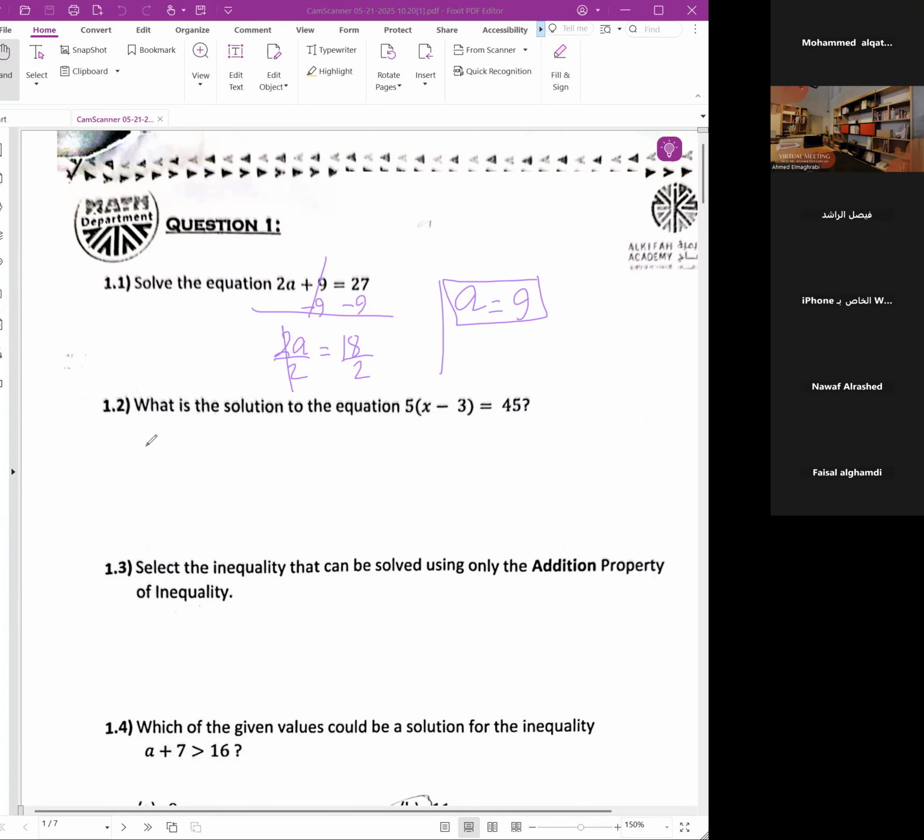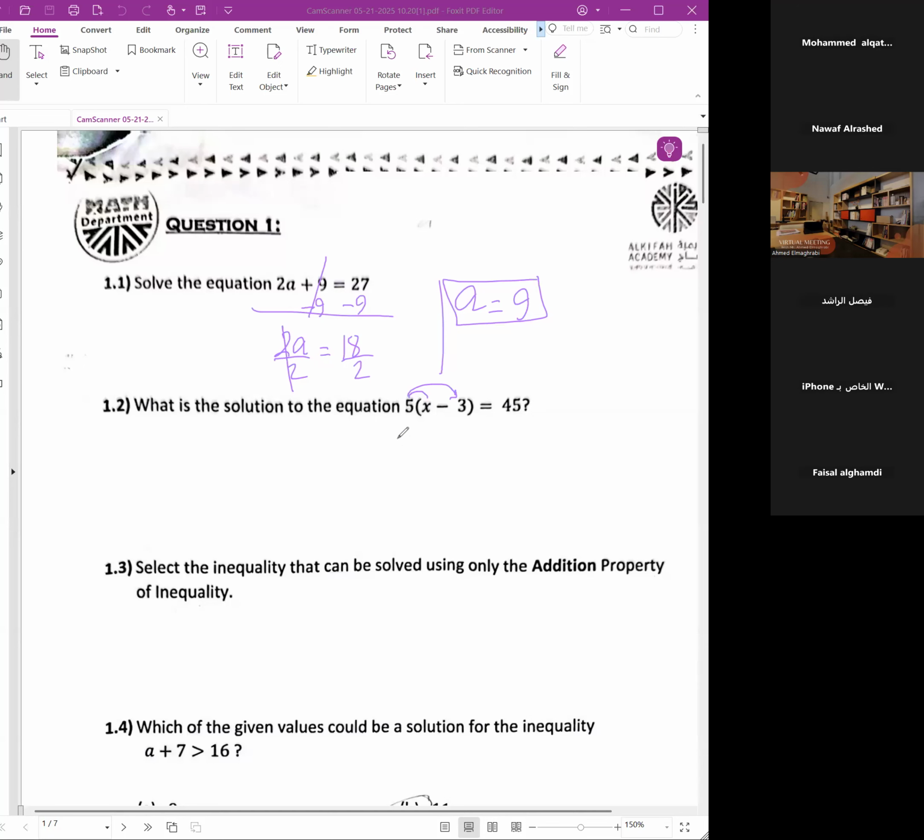Now, question 2. Here, he asked me also to solve this equation. So I'm gonna distribute the 5 here. 5 times x is 5x, and 5 times 3 is 15. Don't forget to do this. And now this is 45. Same as the previous question, we eliminate negative 15 by adding 15 to both sides.